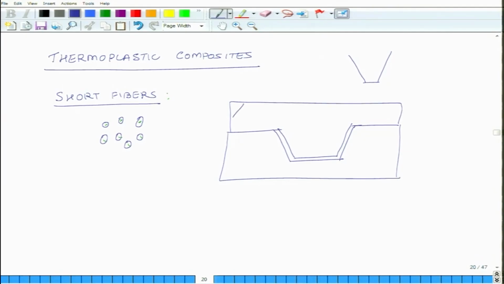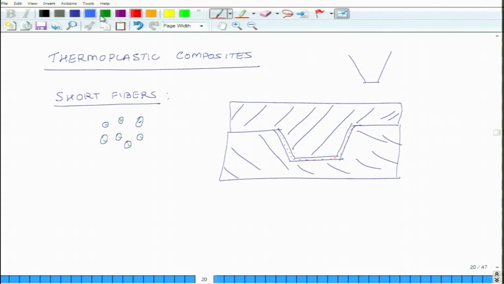So, this is the top and this is the bottom, and of course, between the top and the bottom you have a cavity, and this is the gap you want to fill.